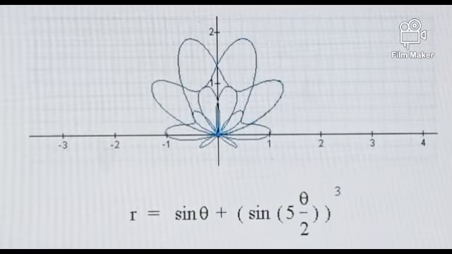The polar equation of the graph shown in the diagram is given by r equals sine theta plus the cube of sine of 5 theta over 2, or the cube of sine of 10 theta over 2. And that particular graph is not given a title or a name.